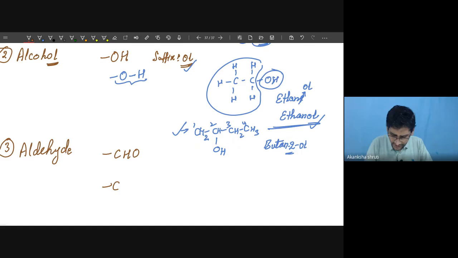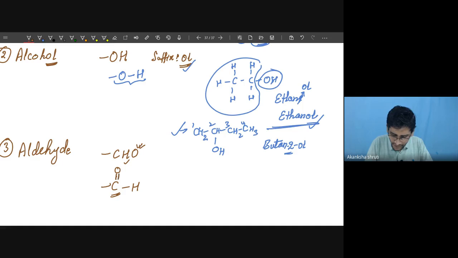This carbon is open for the other carbon chain, but this hydrogen is attached at one end, and oxygen, you know, for completing the tetravalency of this carbon, has to form a double bond with it, so that both oxygen and the tetravalency of carbon get completed. So this is the complete structure of our aldehyde.